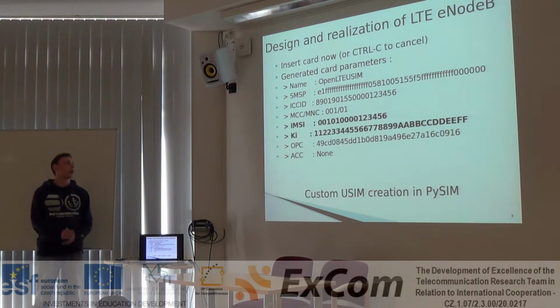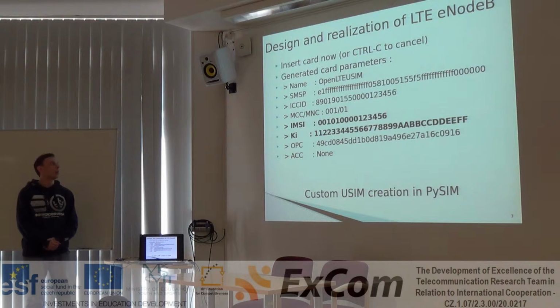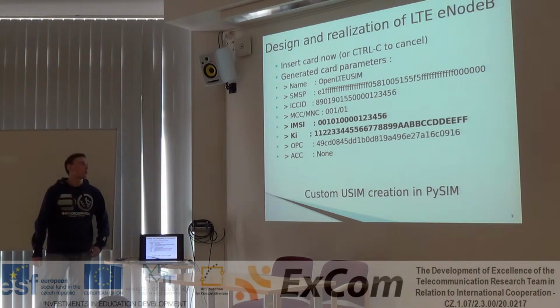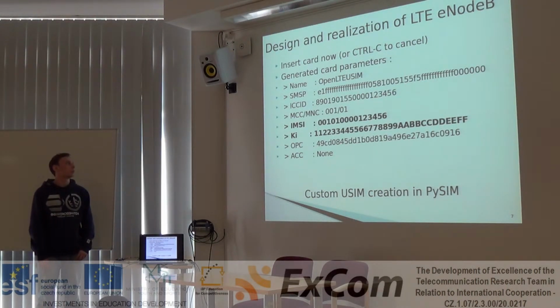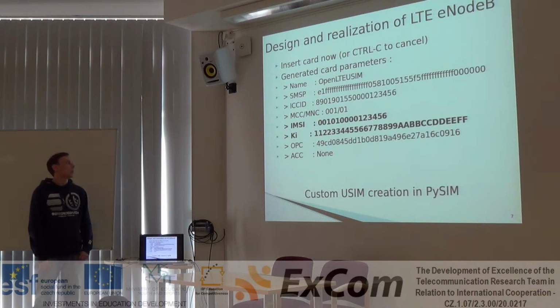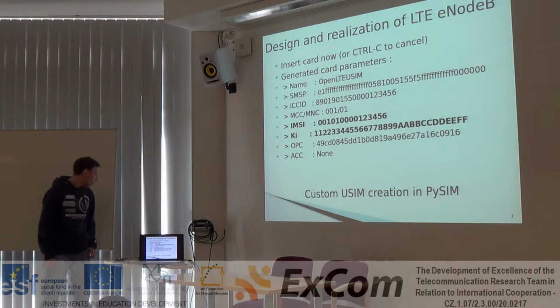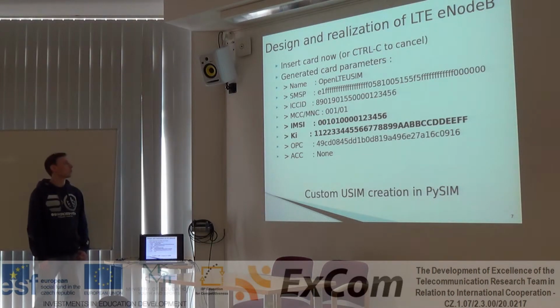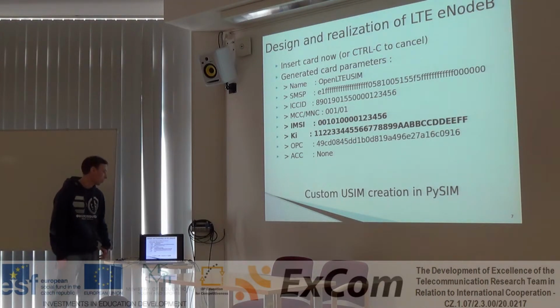So we need to program our own custom USIM. We can use any programmer for USIM cards, and we also need a blank USIM card. The two parameters we need to know are the IMSI number and the key for authentication into our network.